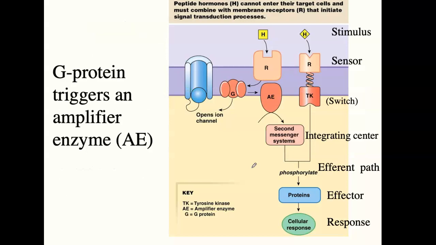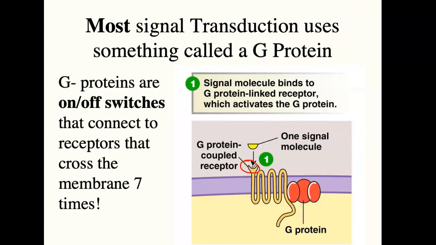And now these G proteins will cross the membrane 7 times, and they're all part of this G protein coupled to this receptor. So all together, the G protein and the receptor are sort of one thing. And it's a weird thing that it comes in and goes back out and comes in and goes back out. It just crosses the membrane 7 times, which is a really strange thing. But that's what a G protein is.